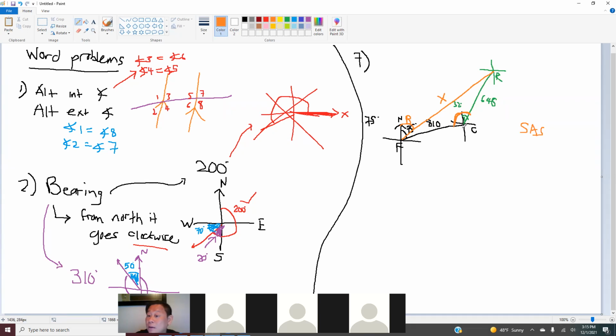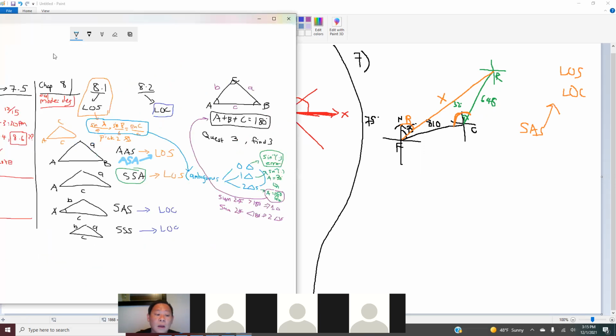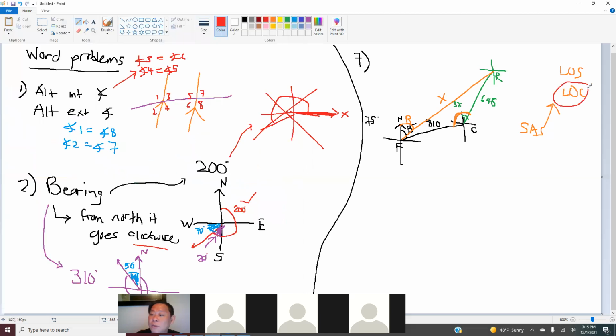We know the sides and the angle between them. And for SAS, what law do we use here? Law of cosine or law of sine? Anyone remember SAS? What law do we use? Cosine. SAS is law of cosine.